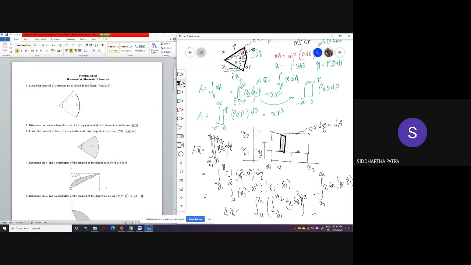Now I'm doing the integration with respect to x over this element. Again, y can be treated as a constant. The values of y are constant in this case.